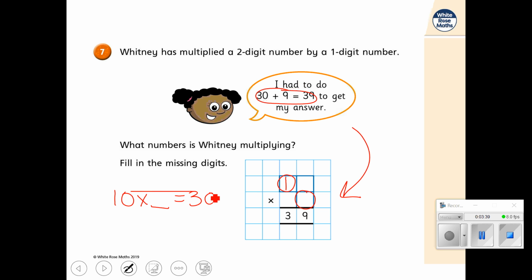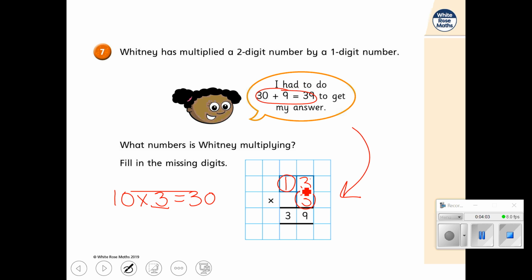So 10 times what is 30? 3. So I am guessing that this number is 3. If that number is 3, something times 3 is 9. Well, that's right, 3 times 3 is 9. So I believe that my answer is 13.